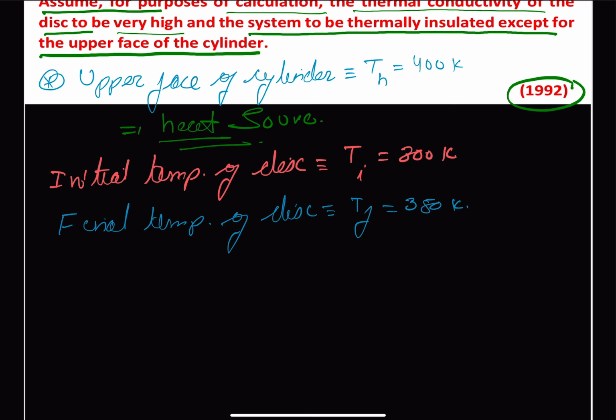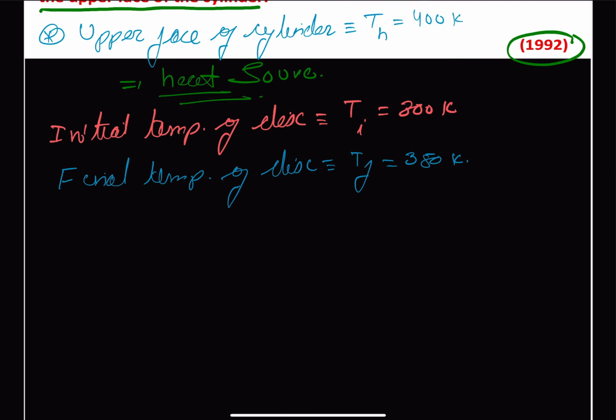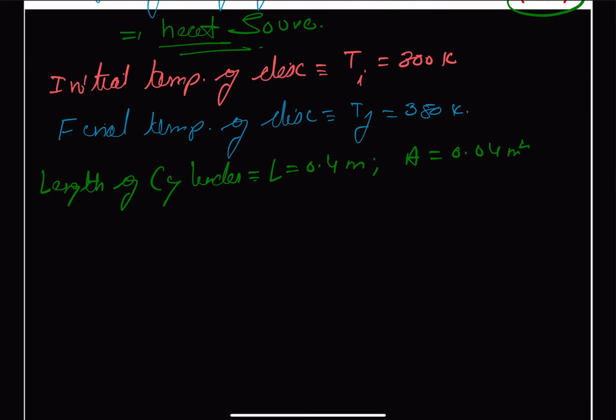And the length of the cylinder is given to us. Length of the cylinder, let us suppose, is L, that is 0.4 meter, and its cross sectional area, let us suppose that is A, that is 0.04 meter square, and the mass of the disc is also given, and the thermal conductivity of the cylinder is also given.